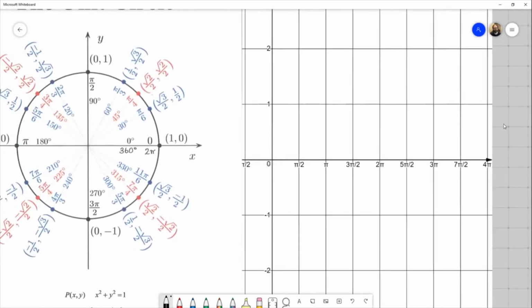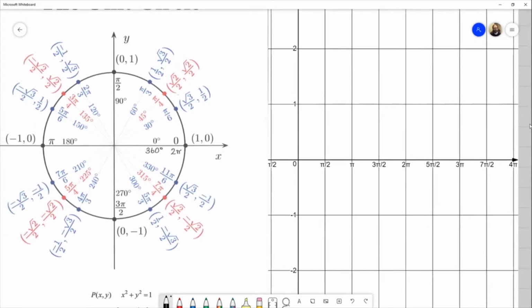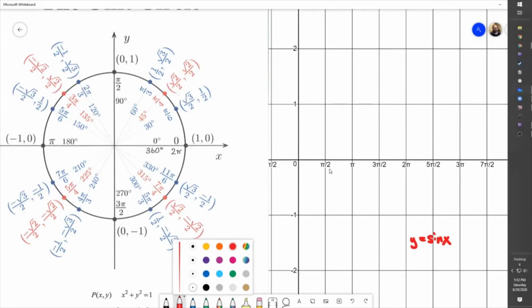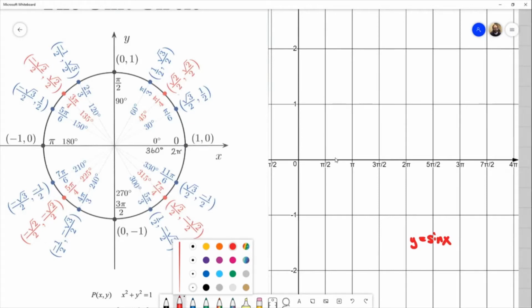And so let's go ahead and get some of these input values marked along our x-axis. Here we're going to be looking at the graph of y equals sine of x. Between 0 and pi over 2, notice that we have our x-axis marked off in multiples of pi over 2.